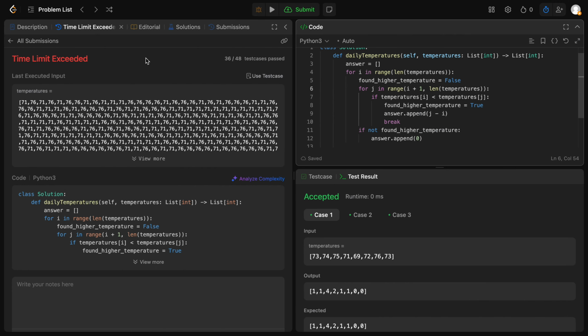How many test cases passed? 36 out of 48. Almost there. Almost there.